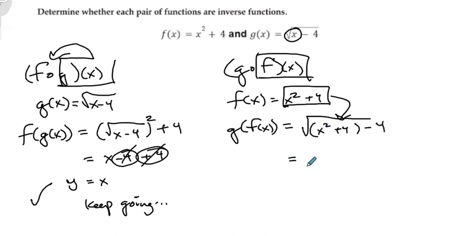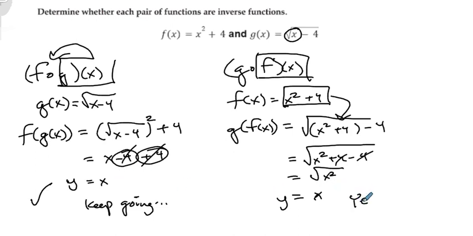So if I simplify what's under the radical first, I get x squared plus 4 minus 4. These are going to cancel, and you get the square root of x squared. The square root of anything squared is just that thing, so the square root of x squared is x. And we get y equals x. So we get the identity function both times, and we can confidently say, yes, they are inverses of each other.